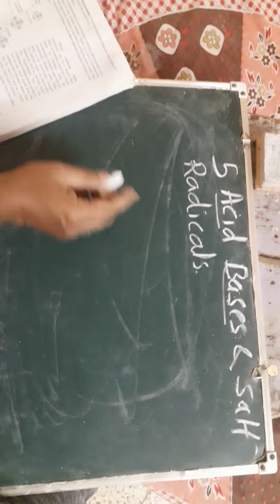Now I am drawing here a sodium atom. Sodium atom has 2 electrons in the first orbit, 8 electrons in the second orbit and only 1 electron in the outermost orbit.